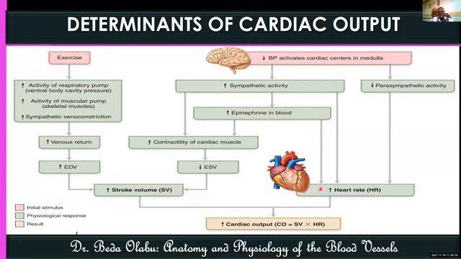It will also increase heart rate automatically. But it will also have a positive inotropic effect. Sympathetic activity also has a positive inotropic effect, and that will lower the end systolic volume because the heart will contract forcefully, so it will pump so much blood out of the heart in a single contraction.